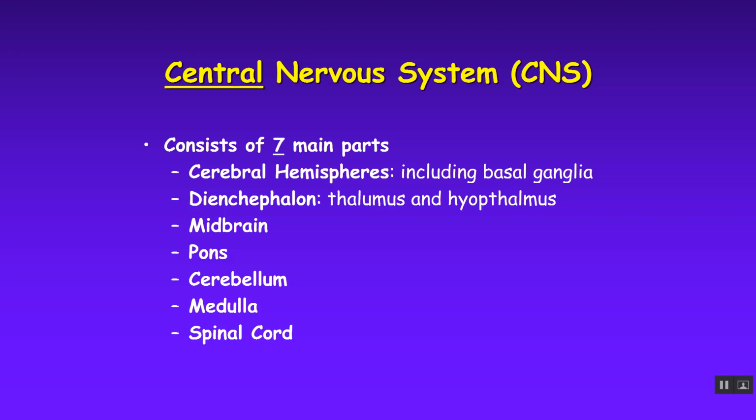Which is mainly the thalamus and hypothalamus together. When you put those together, they're called the diencephalon, okay? The midbrain, which is part of your brainstem. The pons, also part of your brainstem. The cerebellum, which sits right behind the pons, the medulla, which is part of your brainstem, and then the spinal cord. Those are your 7 main components of the central nervous system.